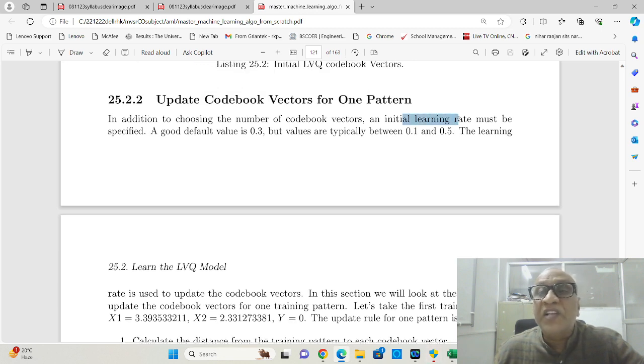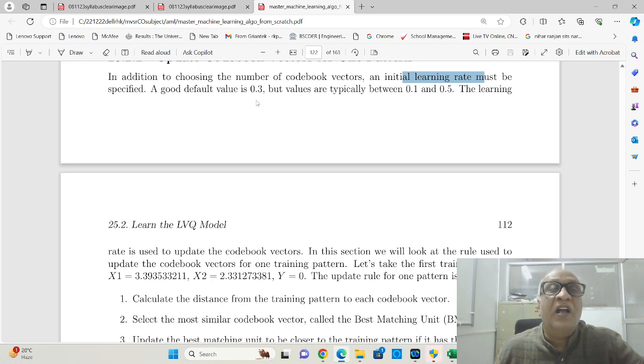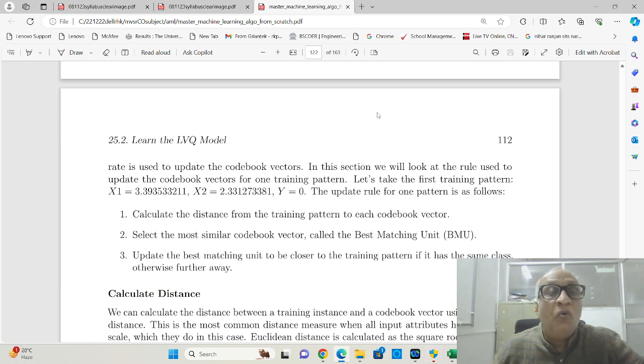We have to specify a learning rate, and the learning rate in this example is chosen as 0.3, which is between 0.1 and 0.5. What is the use of the learning rate? It is used to update the codebook vectors.